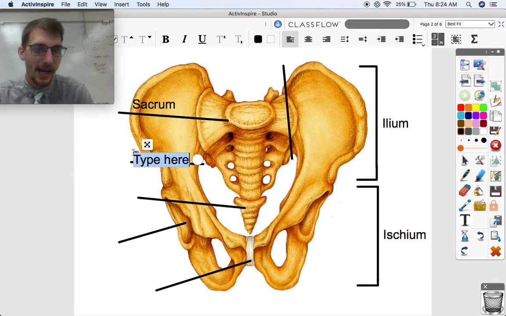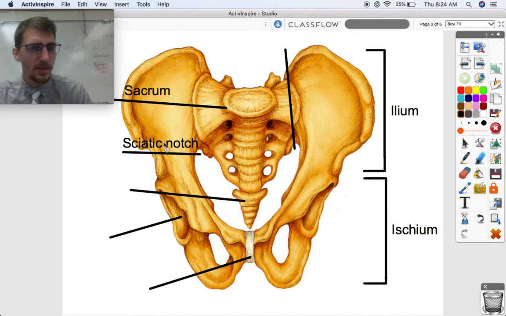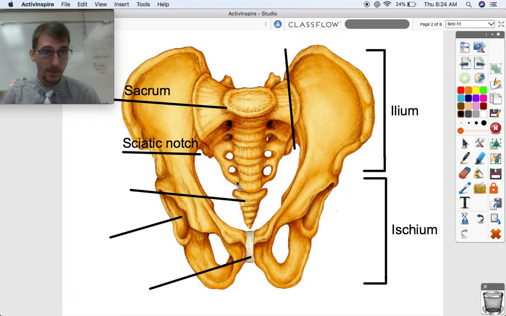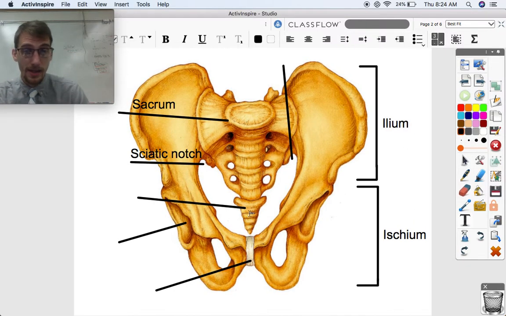It's called the sciatic notch. I believe when I was talking to some students a few weeks ago, I incorrectly pointed to where the sciatic notch is. And there's the sciatic notch. That's a good way to tell, based on somebody's skeletal remains, whether they're female or male, based on the wideness of the sciatic notch. So there's the sciatic notch down here.